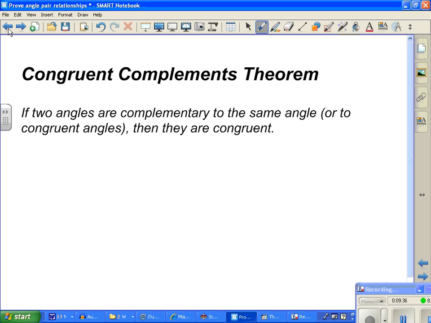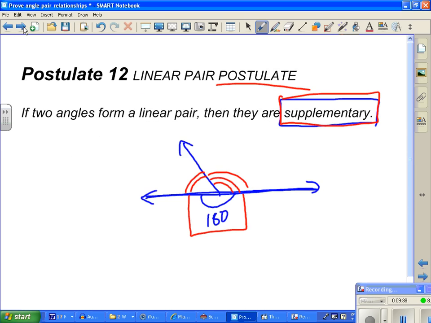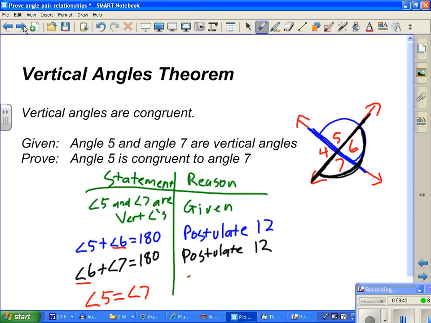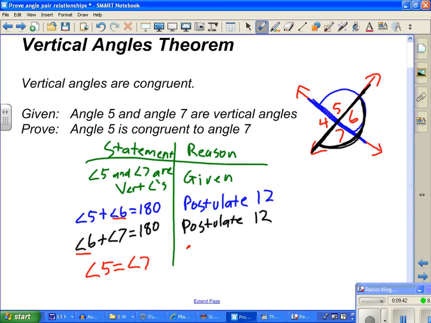Congruent supplements, I believe. Yeah. Congruent supplements theorem. Okay? And that one's done.